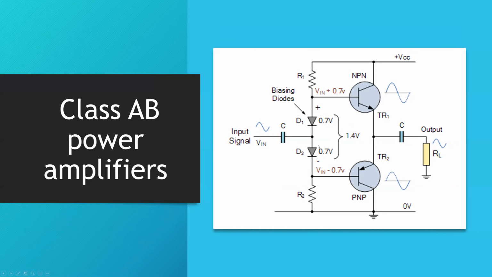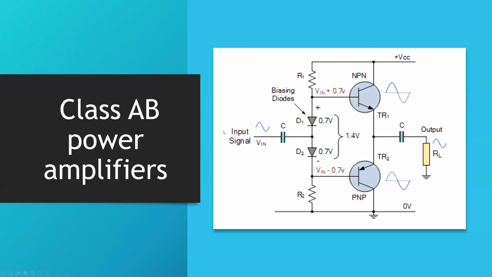So they operate the same as the resistor in this case, but since the diodes are made from the same material that these transistors are made of, the change in temperature would affect all these components in the same way. Thus, you could say that the temperature effect is neglected, and the output won't change as much as in the case of the resistors. So, in this case, we solved the problem of the voltage at the base changing by adding these diodes.